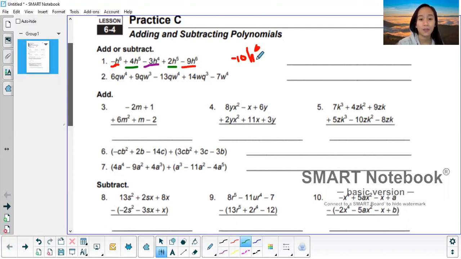So again, I'll just have this one as an example. So that's plus 6h5, and then you just copy that minus 3h4, right? Because you don't have any other terms same as that. So negative 3h4.